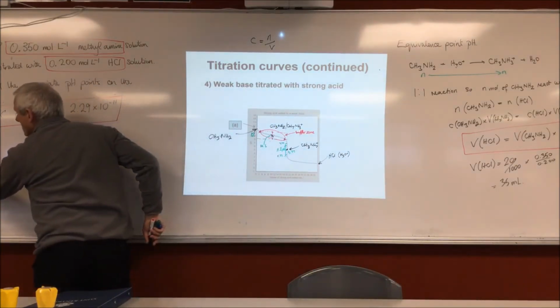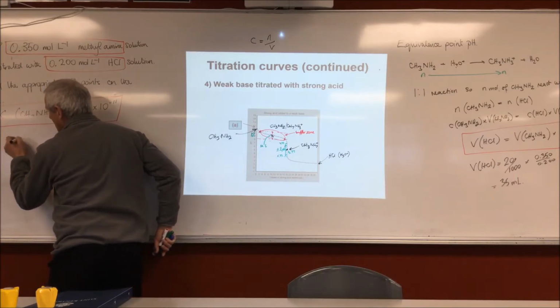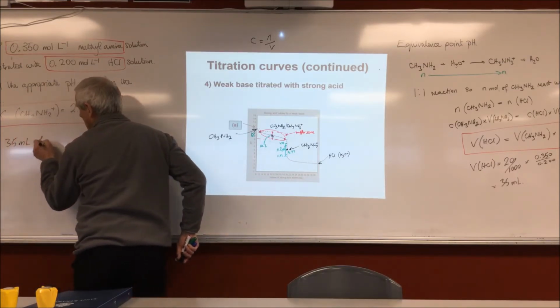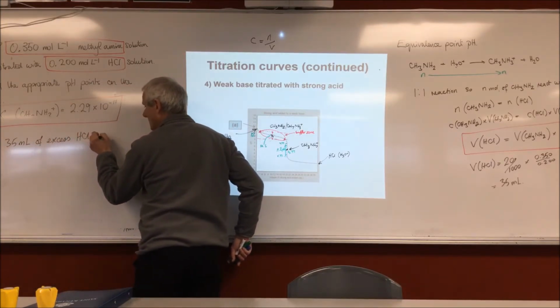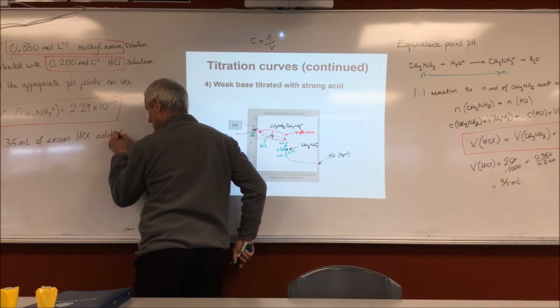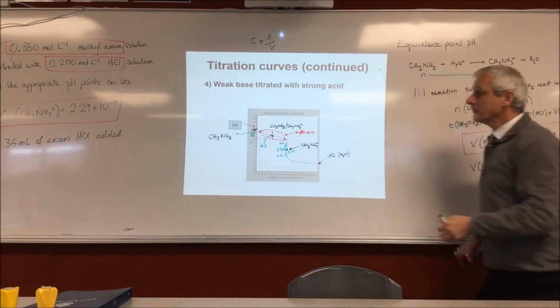So the last point will be pH when 35 ml of excess HCl added. So which point is this on the cube? So it'll be here. Okay.